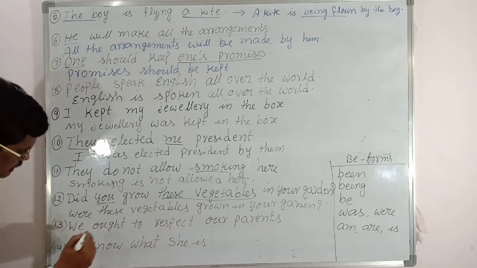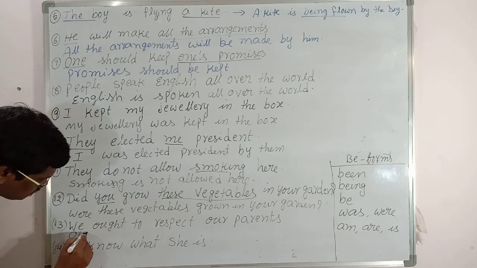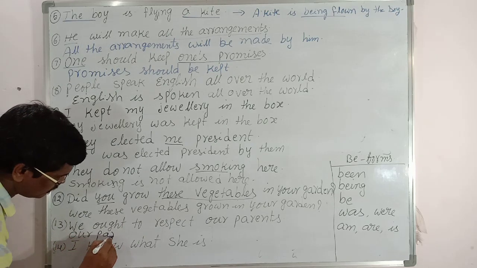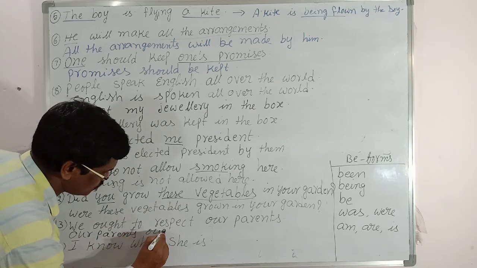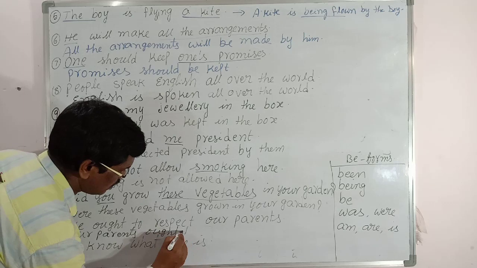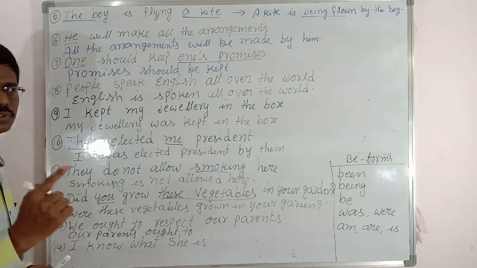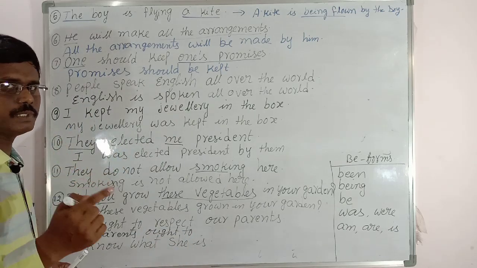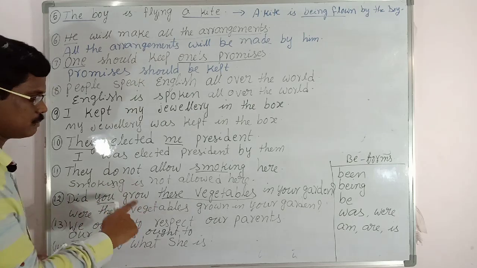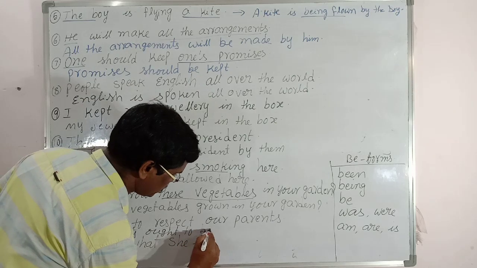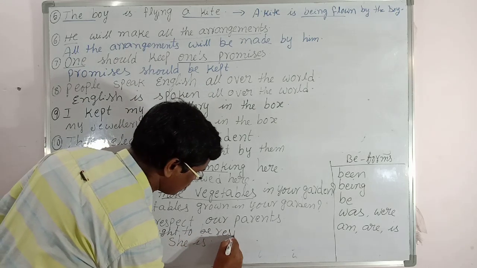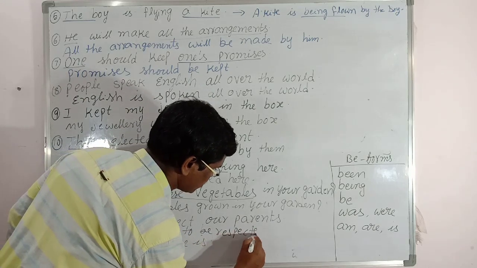So the correct answer is: our parents ought to. Already I told you, to plus verb 1, to be verb 3, or modal plus verb 1, modal be verb 3. Our parents ought to be respected.